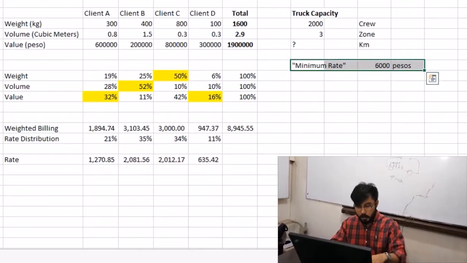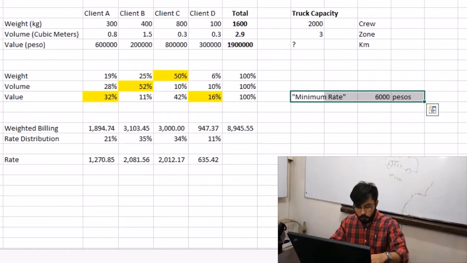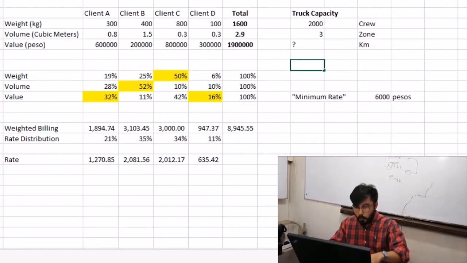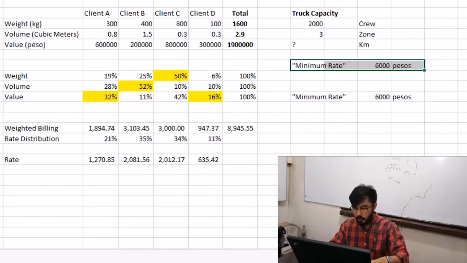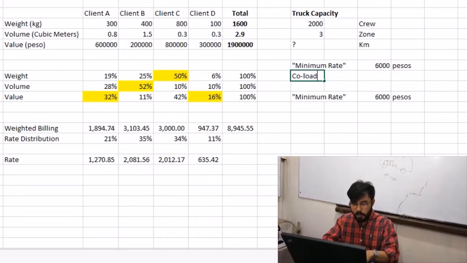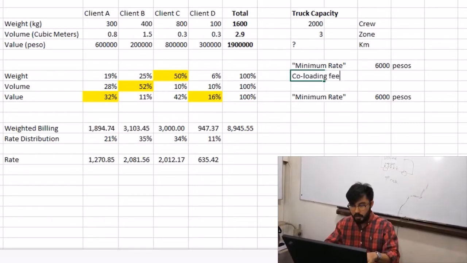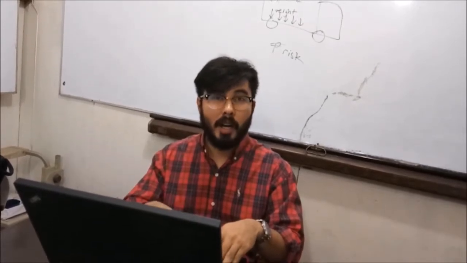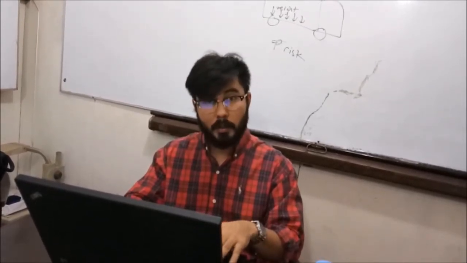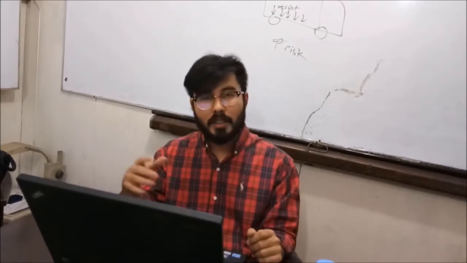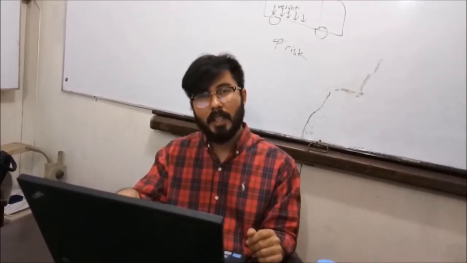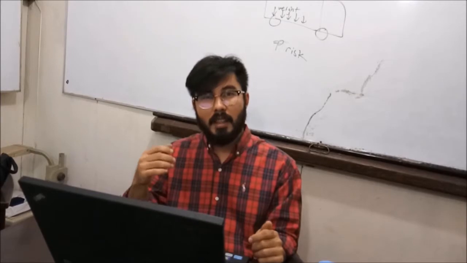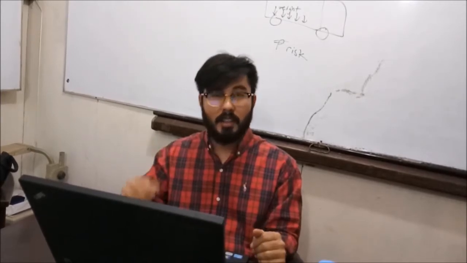However, because it took so much work to get all this data together, I'm going to charge a co-loading fee. And I've spoken to Convoy and to Donga about this. Donga is very open to it. Convoy wants to see the comparison between this and our current billing.